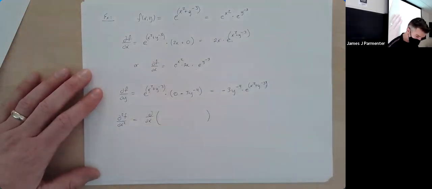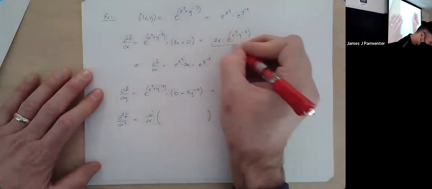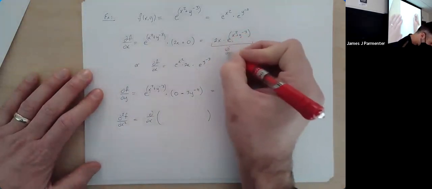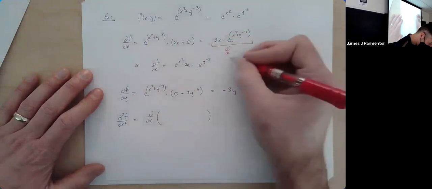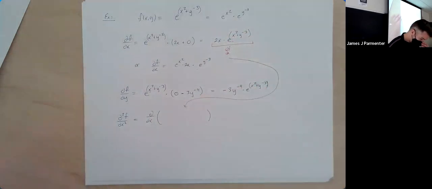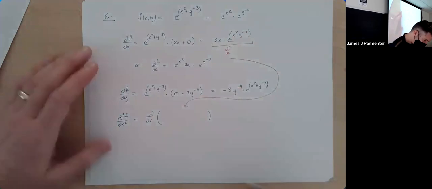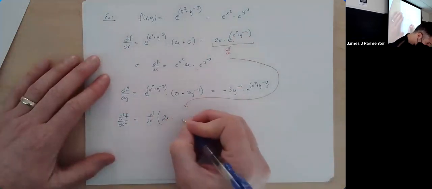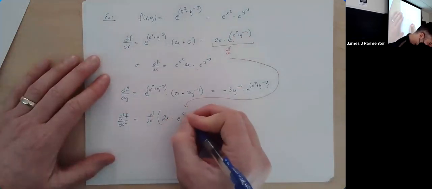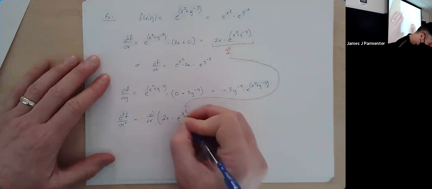I'm just going to plug that in right there. So I've got 2x times e to the x squared plus y to the negative third.